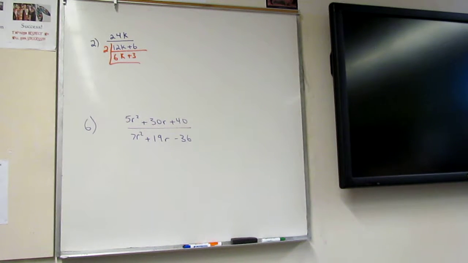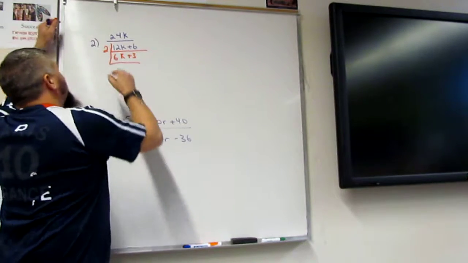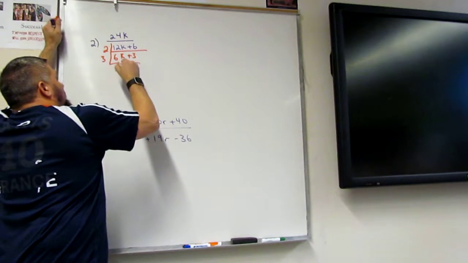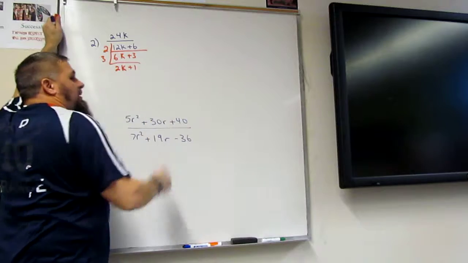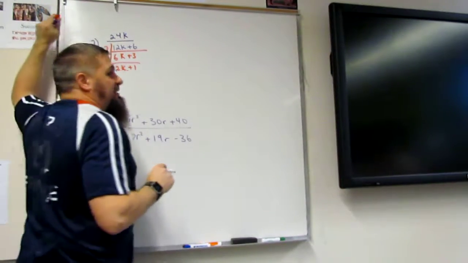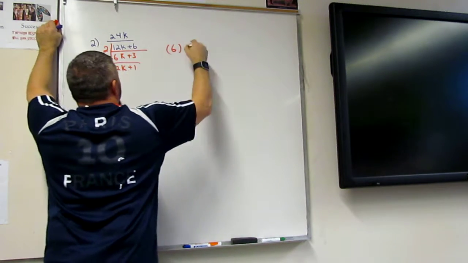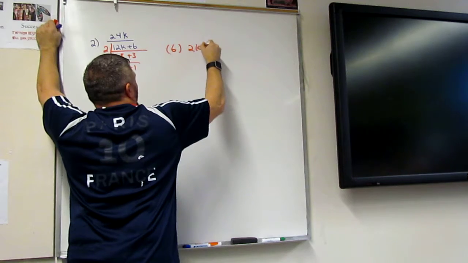Because it's a 3 and a 6, you've got to look at the pattern. So this is 3 times 2, which is 6, and this is 2k plus 1.